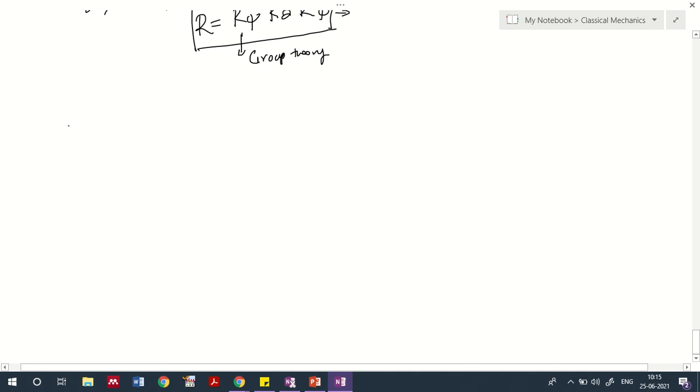So R equal to R psi R theta R phi, where psi is the body angle, theta is the nutation angle, and phi is our precession angle that we already said. The importance of this function R is that we know R is a matrix.